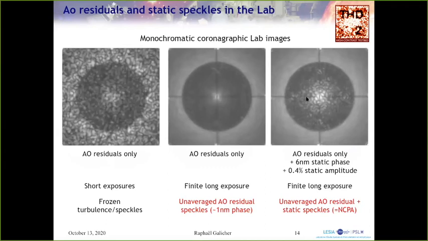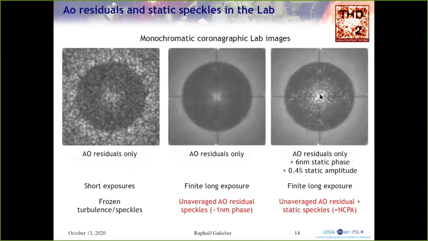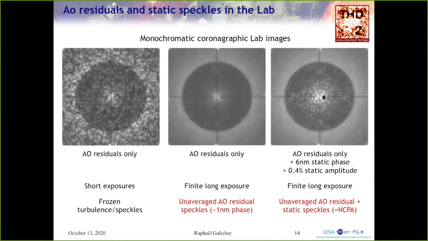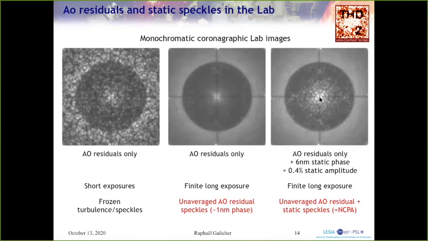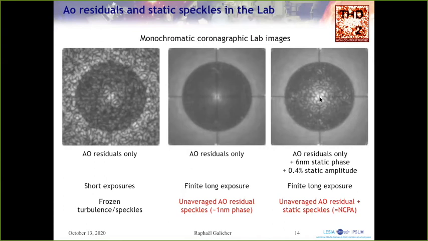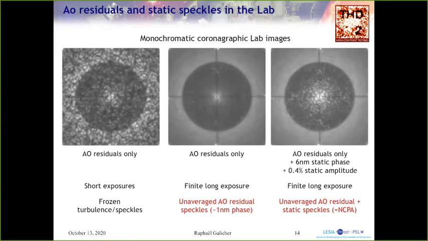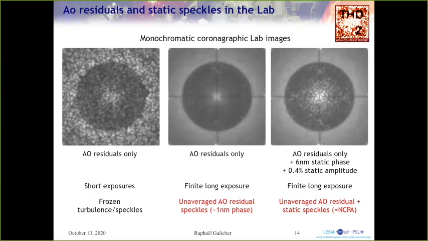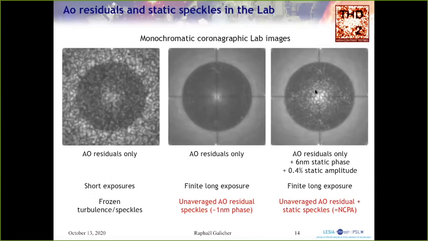So what we did, we actually started from this situation where we have quasi-statics over a halo residual, and we tried the two focal plane wavefront sensors that I was talking about earlier, the self-coherent camera and the pairwise probing, coupled with the EFC controller. And then we tried to minimize the speckle intensity inside the coronagraphic image.